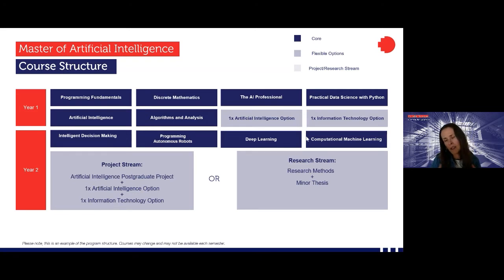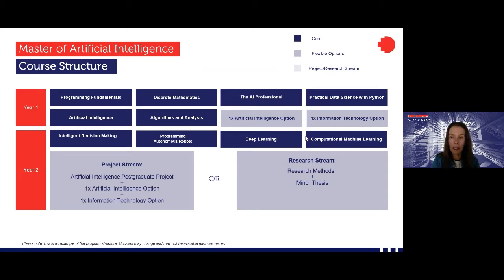Moving on through that, after those enabling courses, if you like, there's a core artificial intelligence, core algorithms and analysis, which are essential skills for moving on to the advanced courses beyond. But interspersed with those is the choice of electives, where you can be driven by your particular interest.